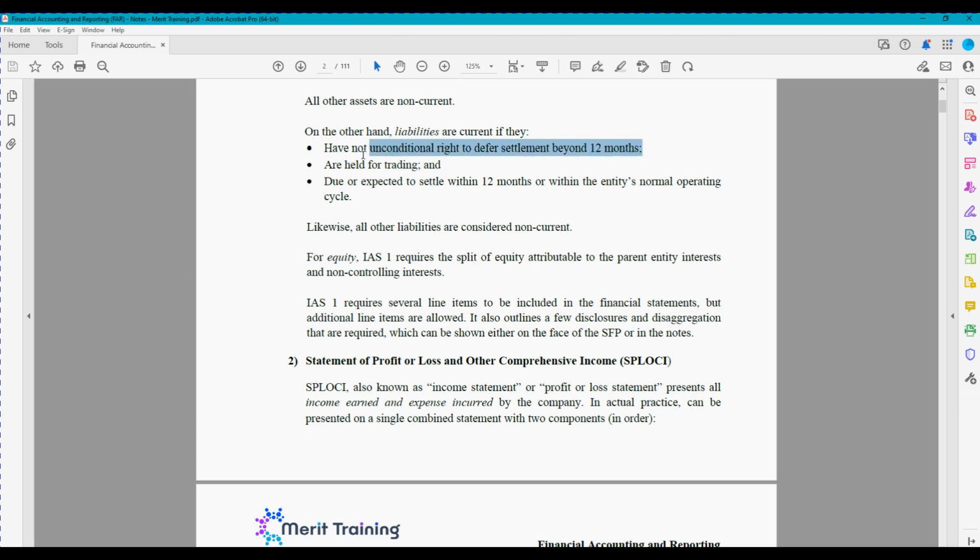The only one that's slightly different is the top one, which is talking about the unconditional right to defer settlement beyond 12 months. So again, it's talking about this less than 12 months concept. And similarly, if you're outside one of those definitions, then it's deemed to be non-current.